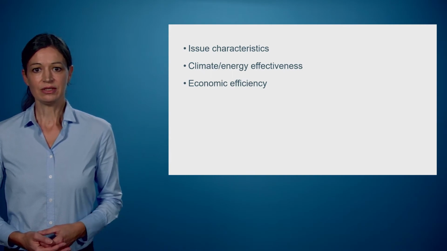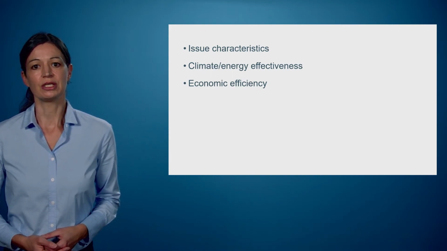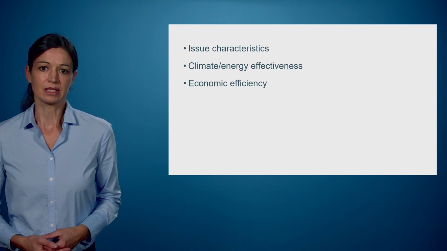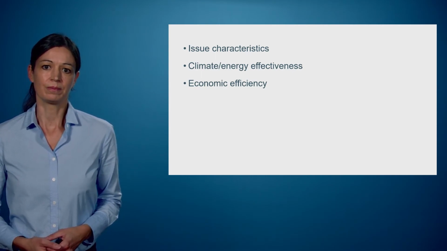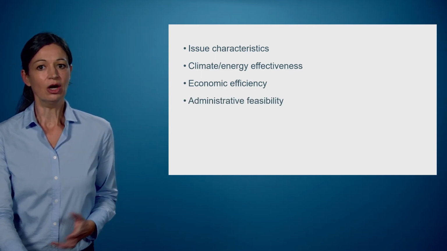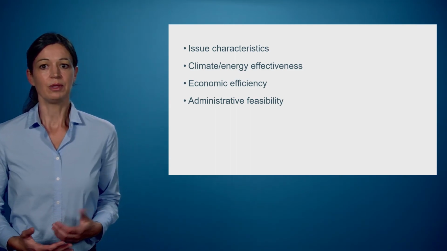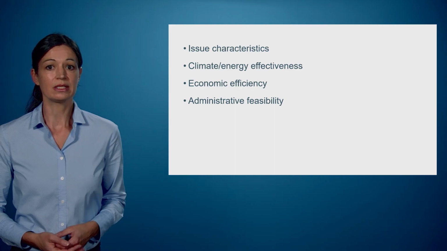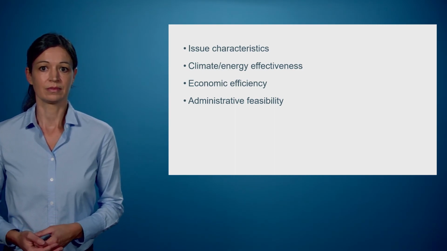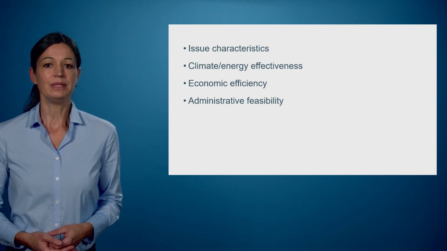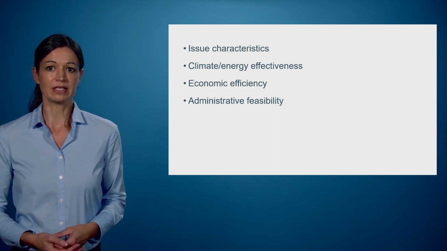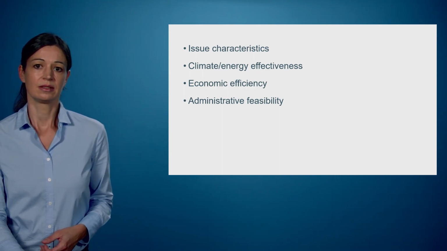To analyze those effects, the European Commission conducts impact assessments before it proposes a law. It can also be important to analyze how easy it will be to transpose the policy into member state law. How easy will it be to administer the respective policy instrument?